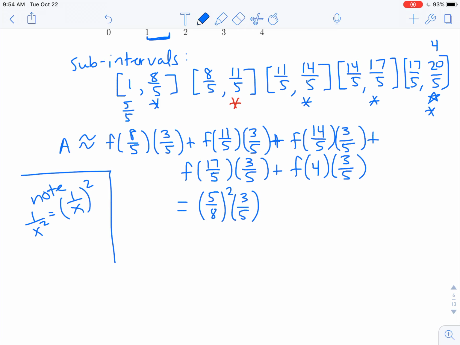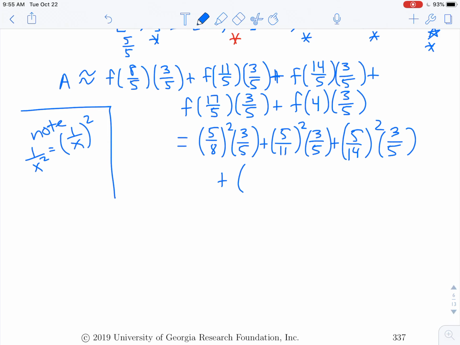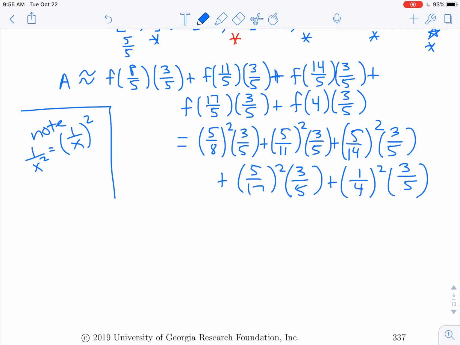That's 1 over x and then quantity squared, plus 5/11 squared times 3/5, plus 5/14 squared times 3/5, plus 5/17 squared times 3/5, plus, and then I'll go ahead and do this one as 1/4 squared times 3/5. So that's our area estimate.